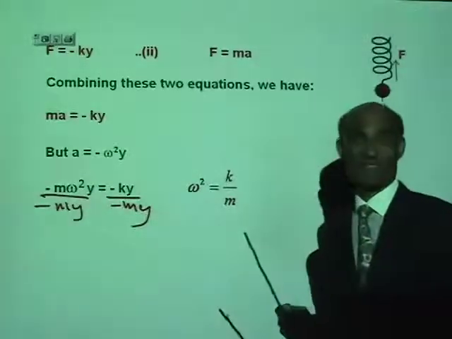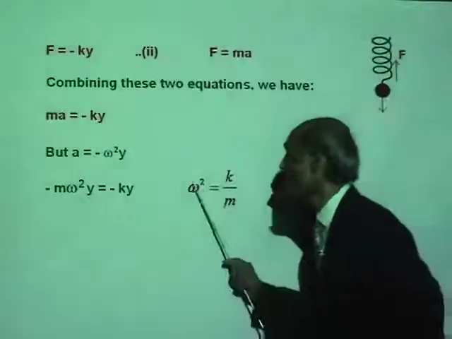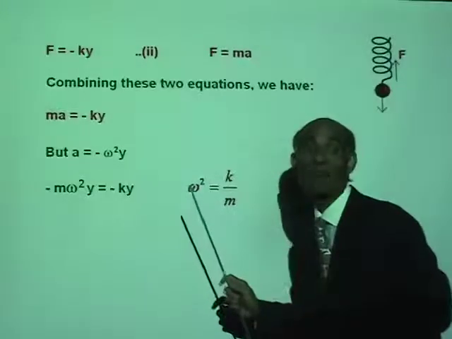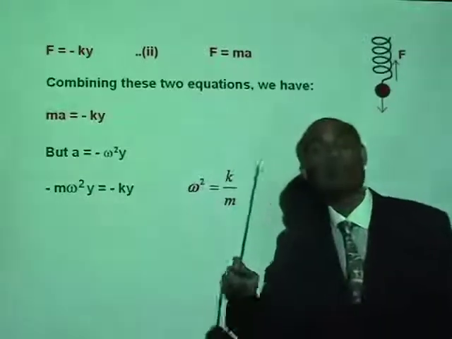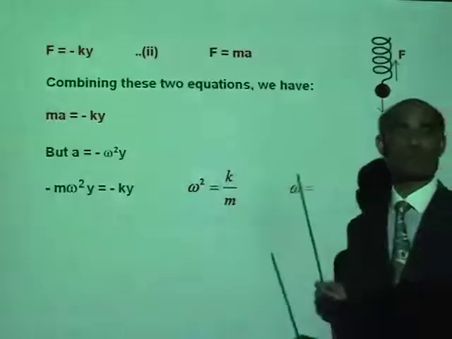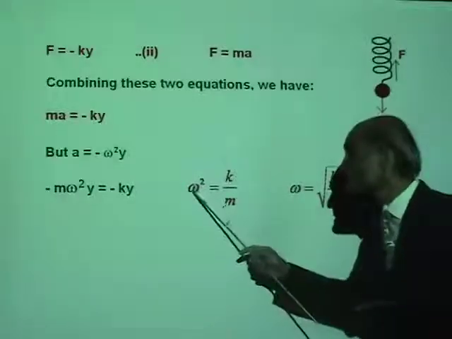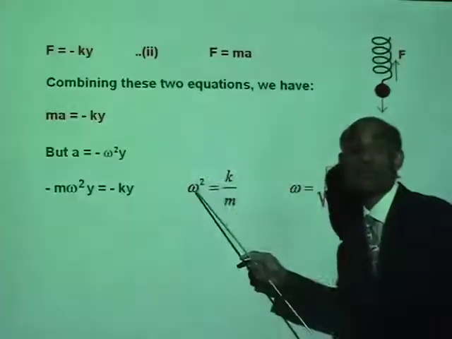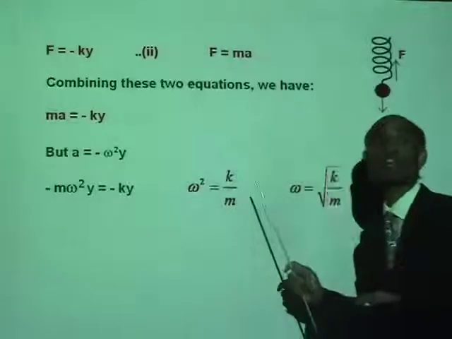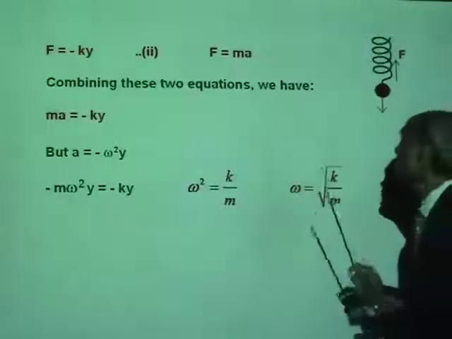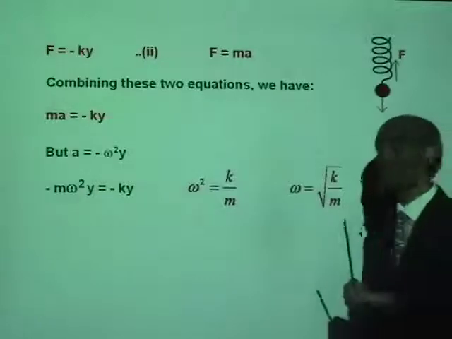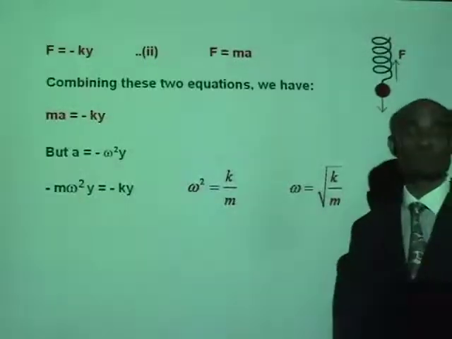Beautiful equation. Alright. Now tell me, give me an equation for omega that we have obtained a little while ago. Let's solve for omega from here. If omega squared equals k over m, then omega equals the square root of k over m.